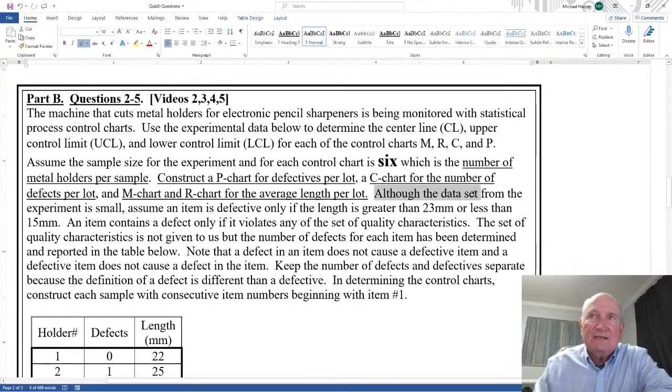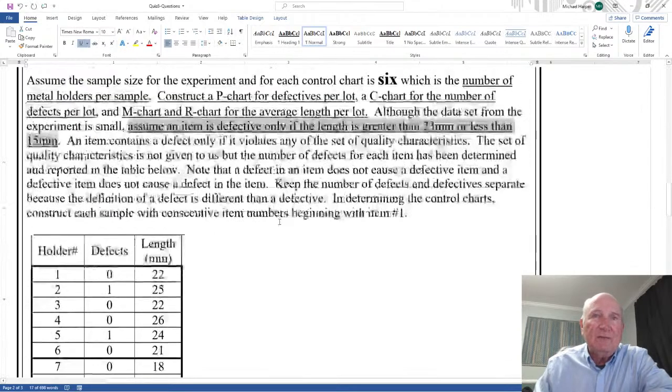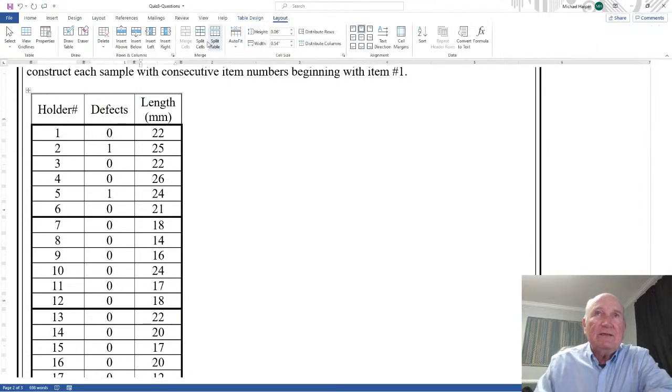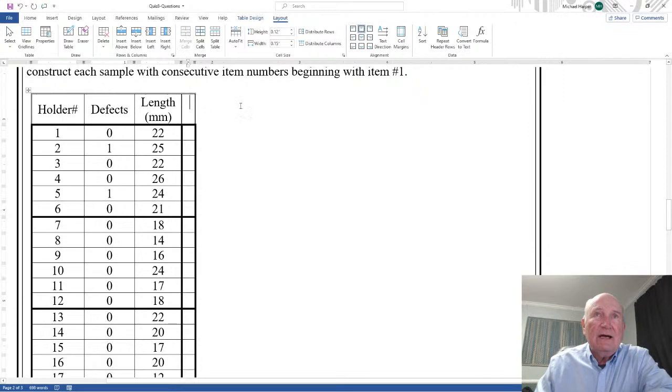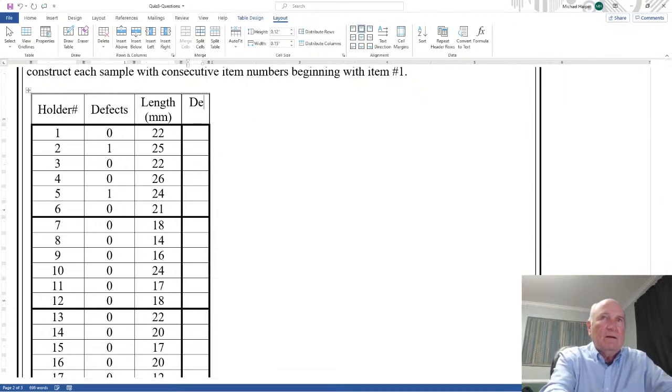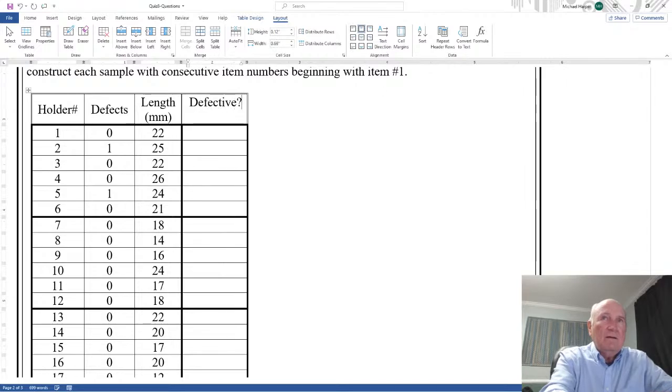Although the data set from the experiment is small, assume an item is defective only if the length is greater than 23 millimeters or less than 15 millimeters. So I define what defective means. Right here, I'm going to say defective, and come down here and count.